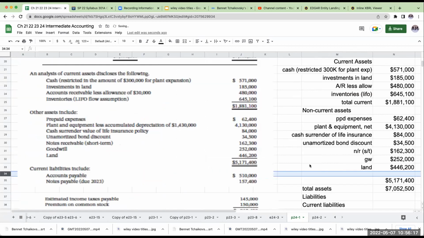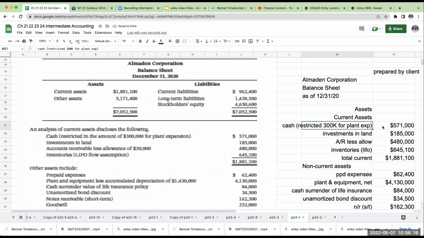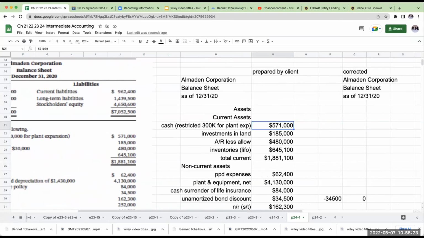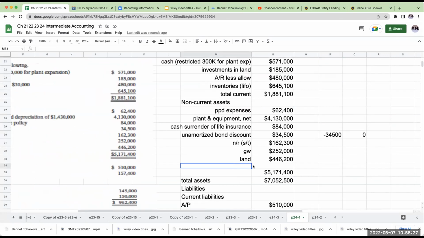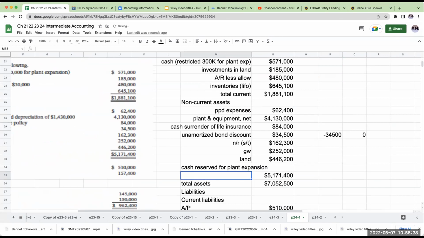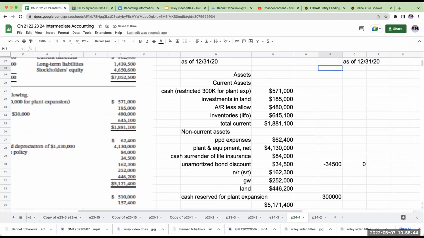I would tell you that this 571 includes 300,000 for plant expansion. So under non-current assets, we're going to say cash reserved for plant expansion, and this is going to be adding 300,000.